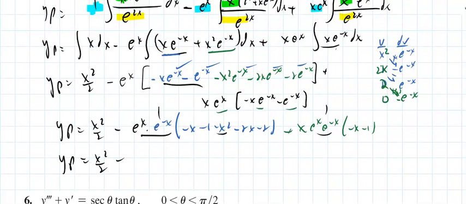And this is going to be negative x squared minus 2x minus x is minus 3x minus 3 plus these cancel out. I multiply those out. I get a minus x squared and a minus x.